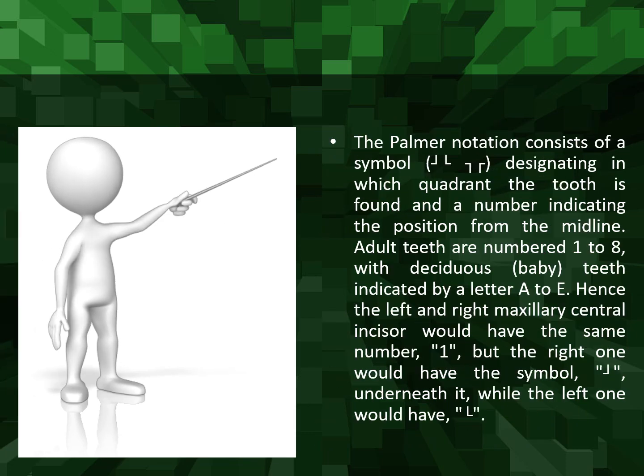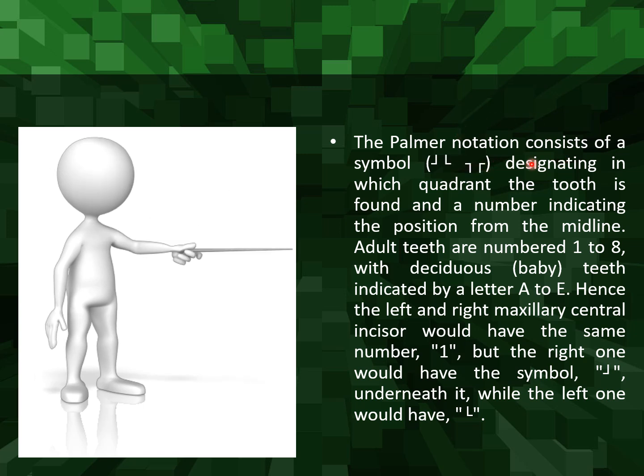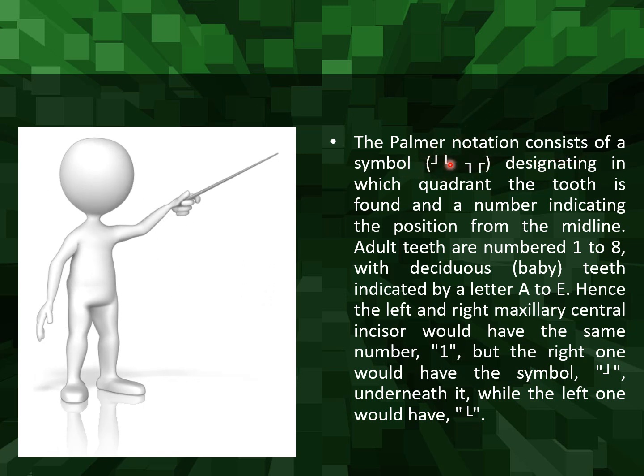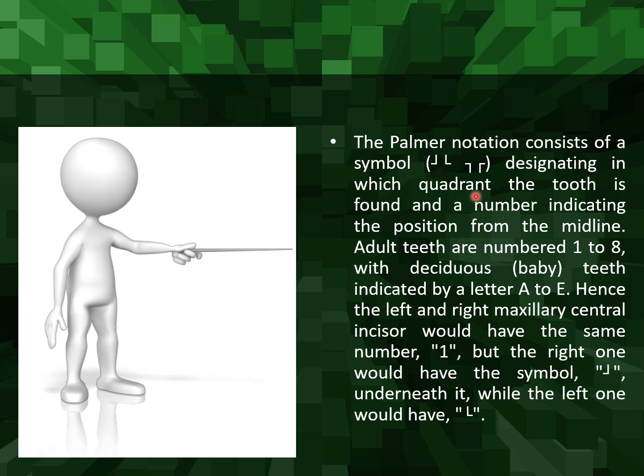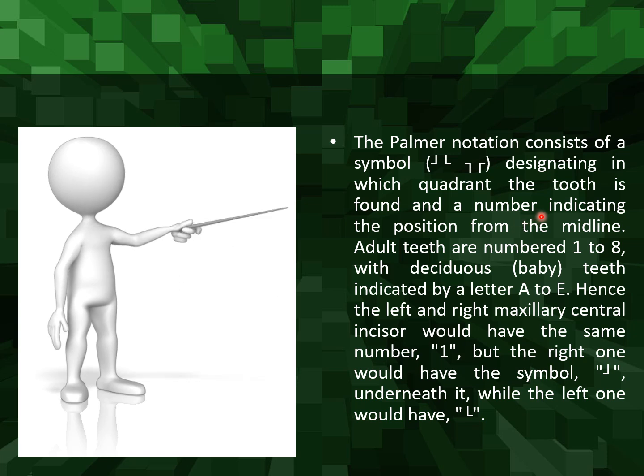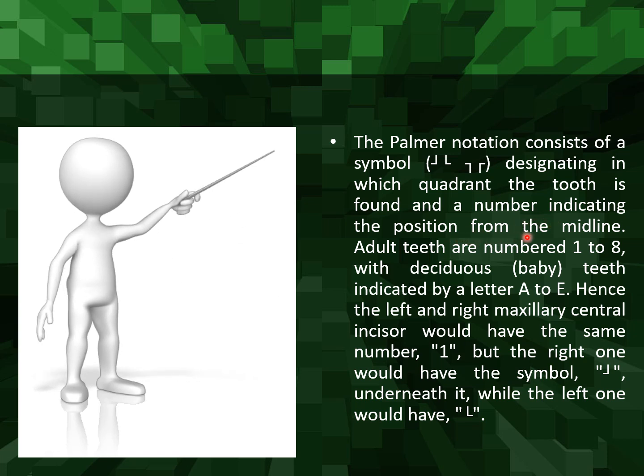The Palmer notation consists of symbols like this one, designating in which quadrant the tooth is found and the number indicating the position from the midline.